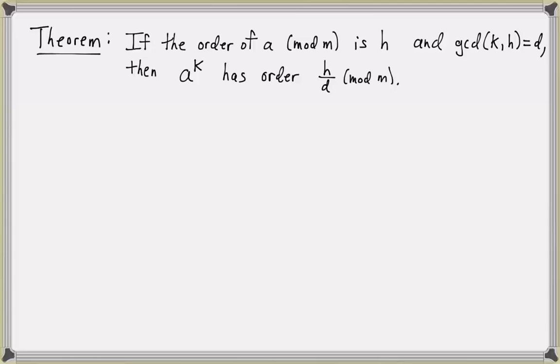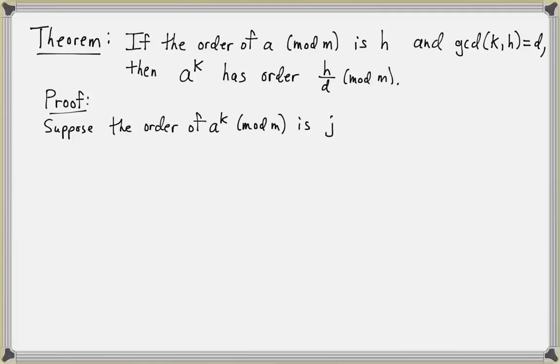So suppose the order of a to the k is j. I want to show that j has to equal h over d.